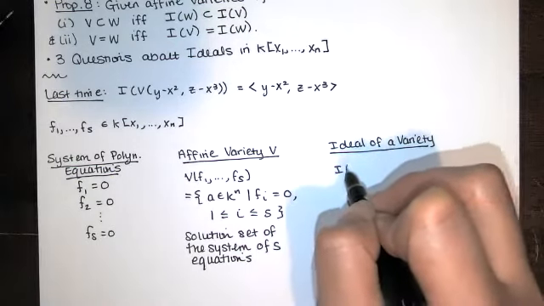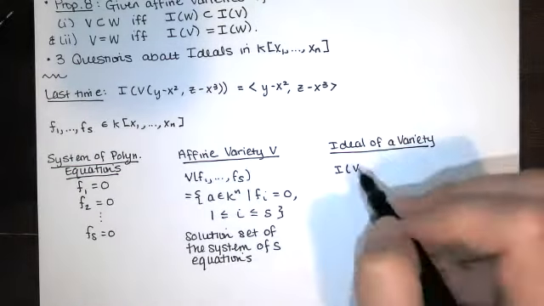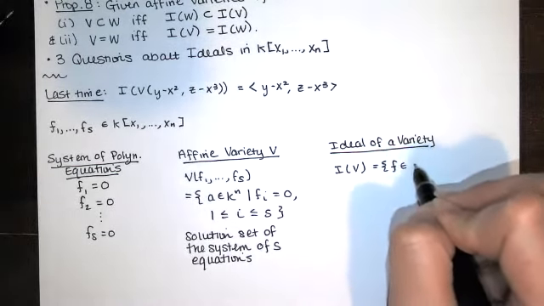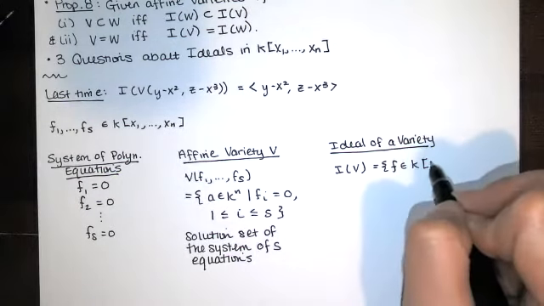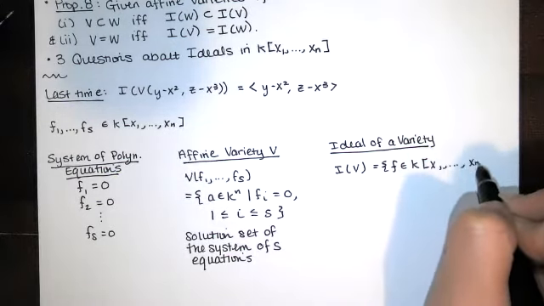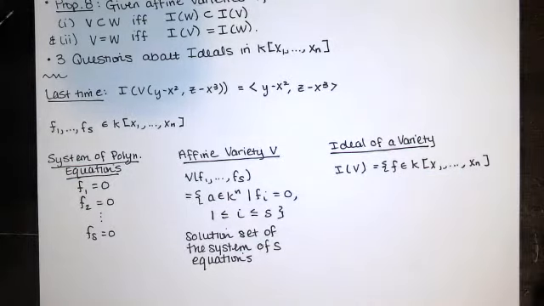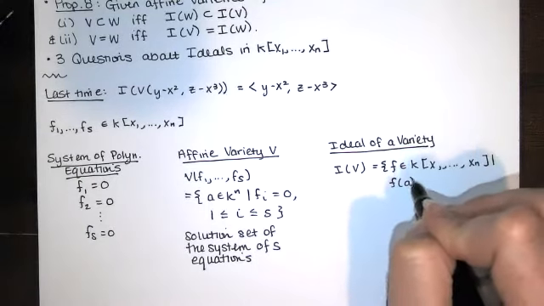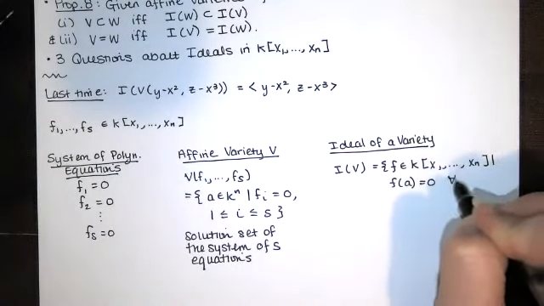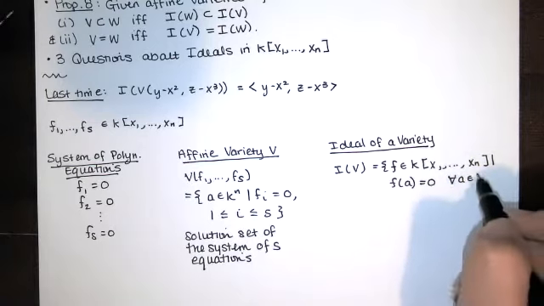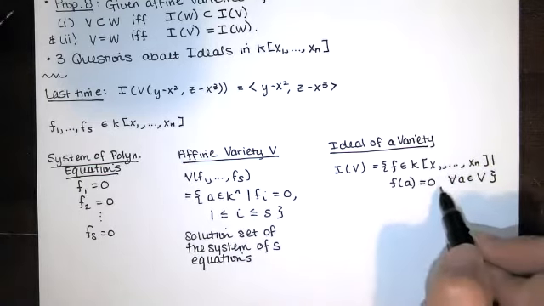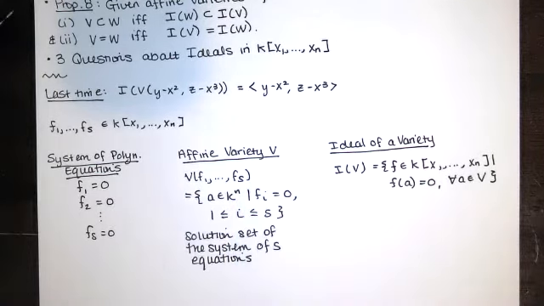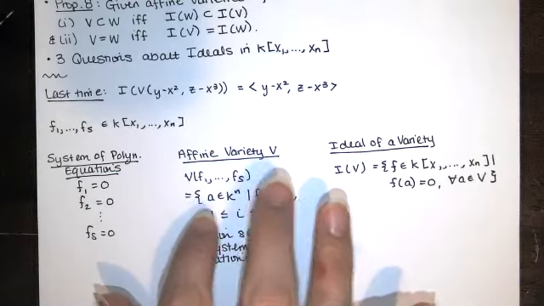An ideal of a variety is the set of all polynomial functions in that polynomial ring in the variables x sub 1 through x sub n with coefficients in the field k, such that those polynomials all vanish at the points of V. So this is the set of all polynomials that are equal to 0 when we're on the affine variety V.